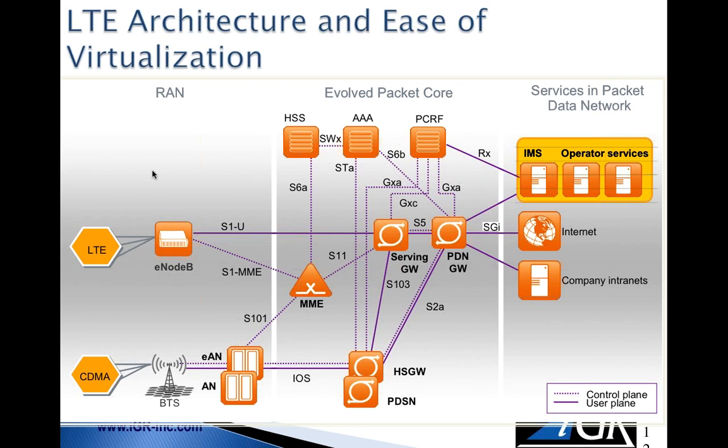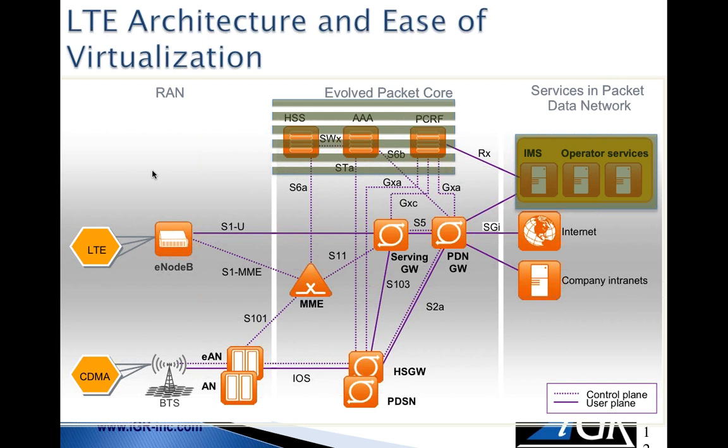Now if I look at my original diagram and the ease of virtualization, what I start to see is that those IP services, that IMS area where we're offering all those different services on the network, is one of the first areas to be virtualized. And the reality is, if you're an application or service provider to the mobile operators today, you're going to have to offer a virtualized solution to what you do.